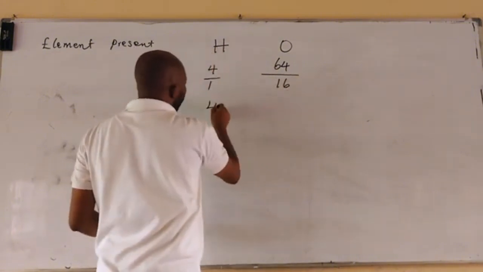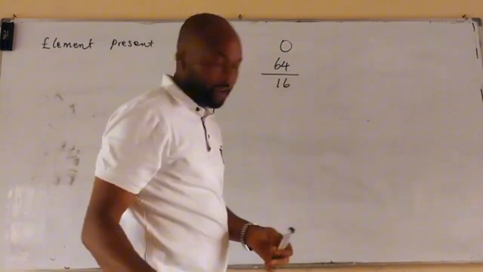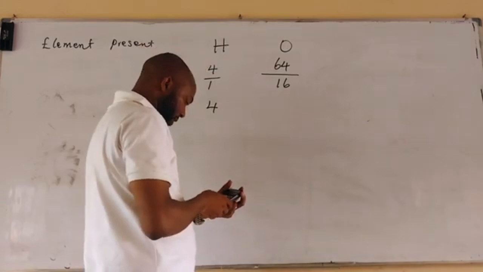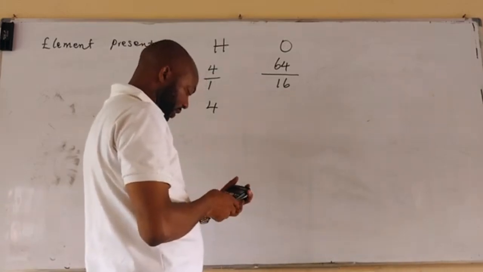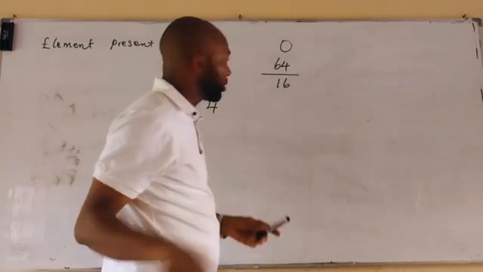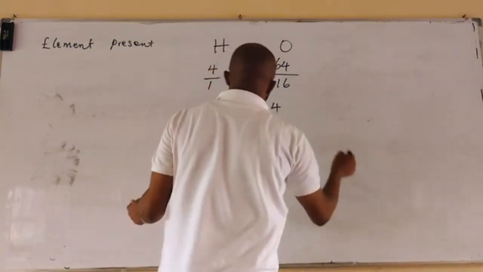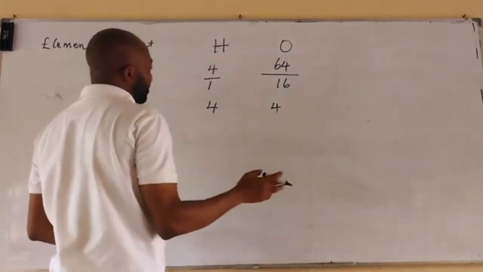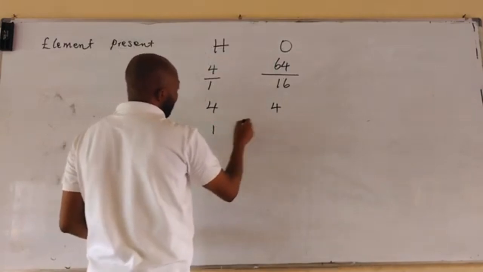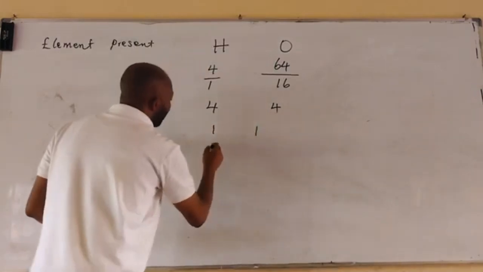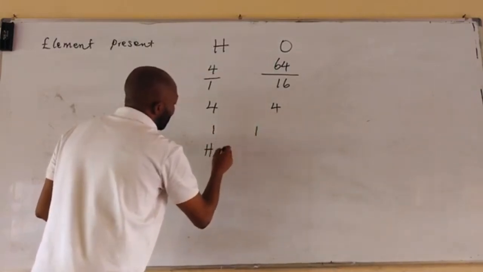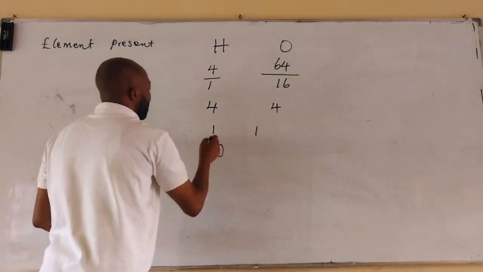So this is 4, and 64 divided by 16 is 4. So we have 4 here. We divide by the smallest, so that gives us 1:1. So I now have hydrogen 1, oxygen 1.